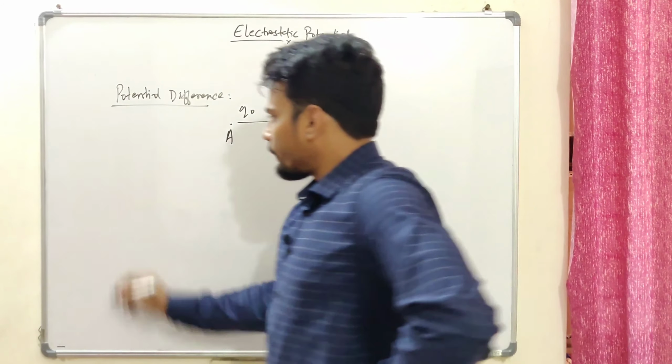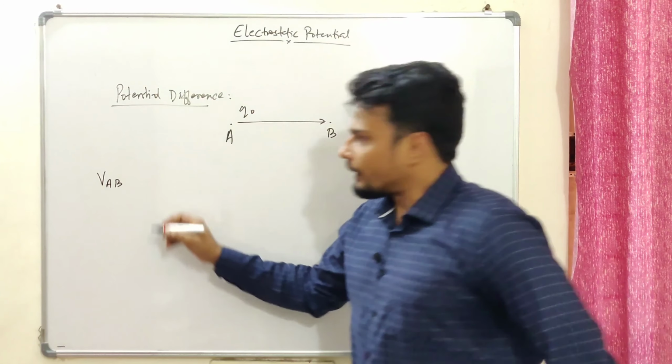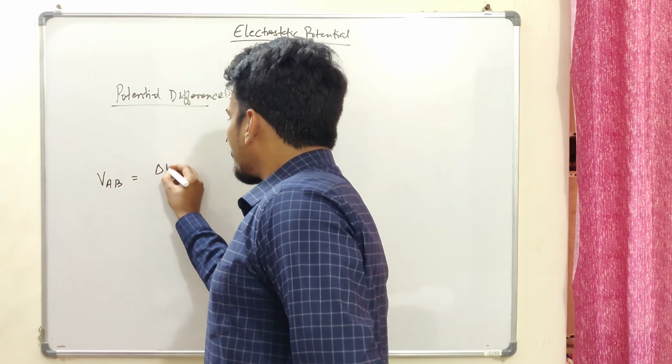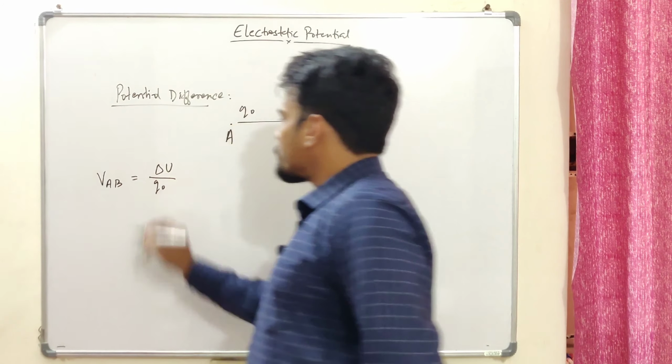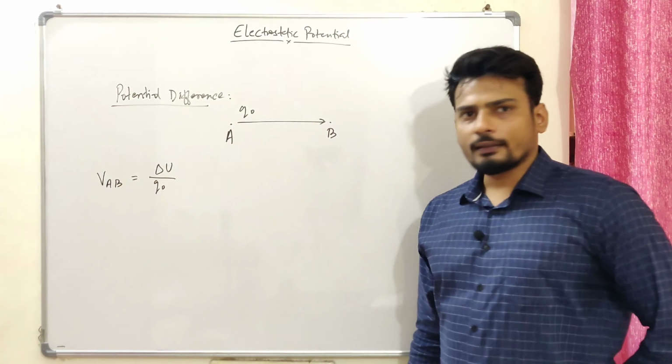So by saying that, I can write the potential difference of A and B as change in potential energy per unit charge. Understand these things properly, okay? I'm sure a lot of people get confused with the signs.